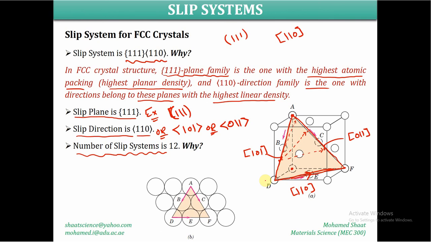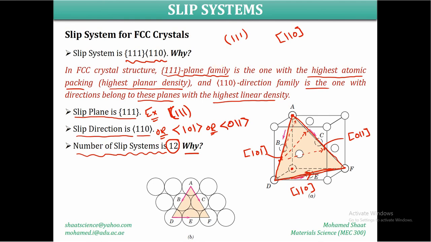So there are lots of options here. If you counted all the combinations between the slip planes and the slip directions that belong to this family and this family, you're going to end up with 12 combinations of plane and direction, and this gives you 12 possible slip systems for any FCC crystal structure.